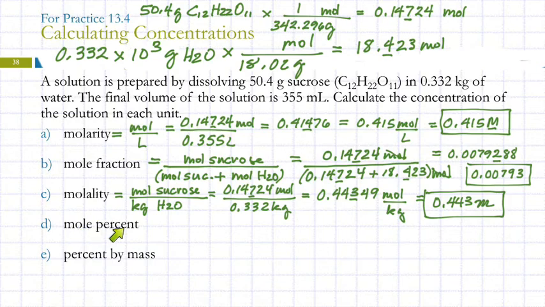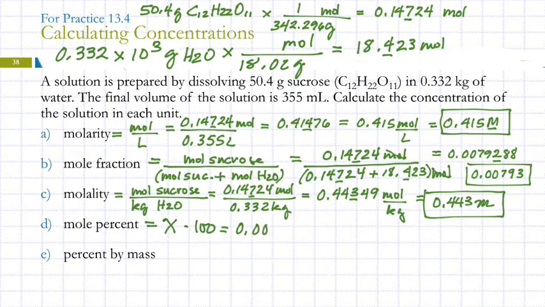Letter D is mole percent. Yeah, it's the mole fraction times 100. Oh, look, we already have the mole fraction. So this is equal to the mole fraction times 100. So that would be chi times 100.